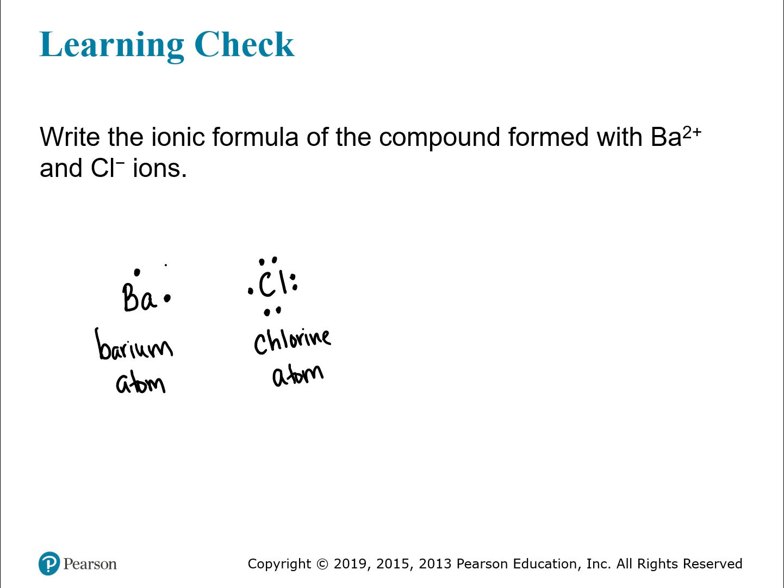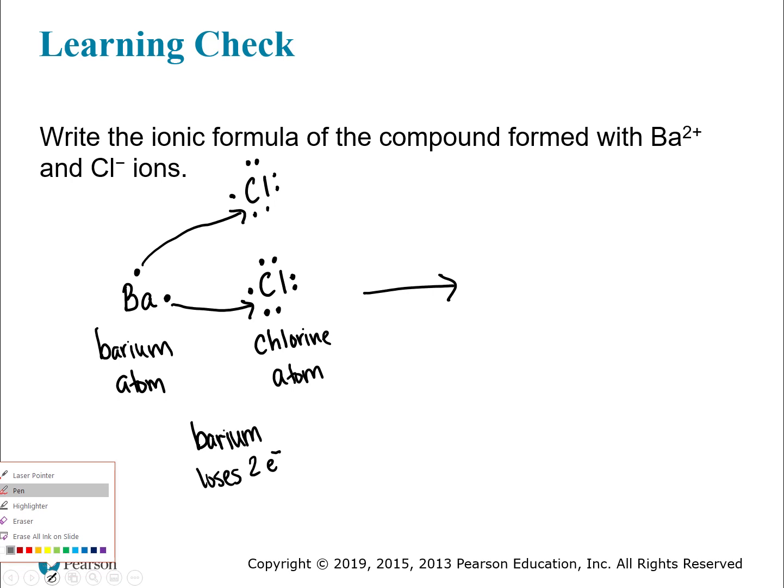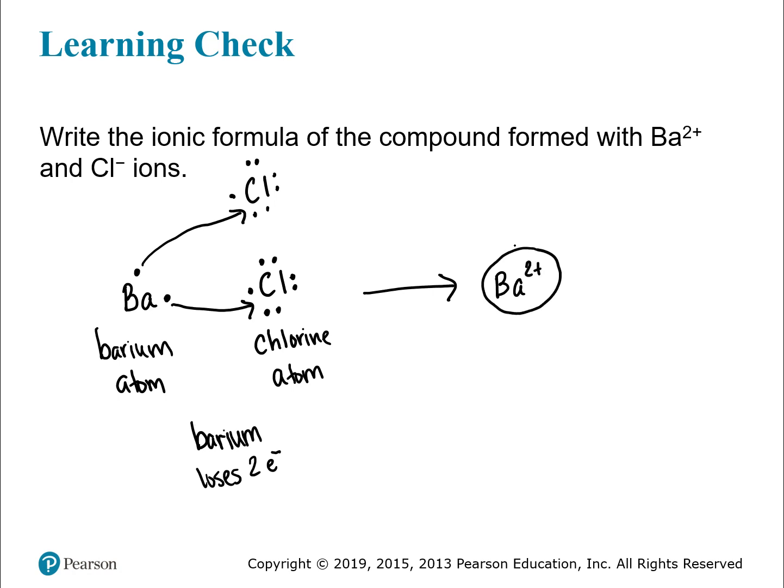Barium needs to donate 2 electrons. That means that we're going to need a second chlorine atom to take it on. Now what we have is our positive ion.